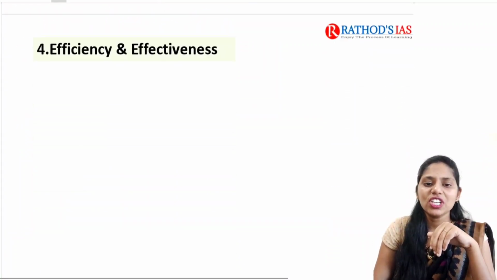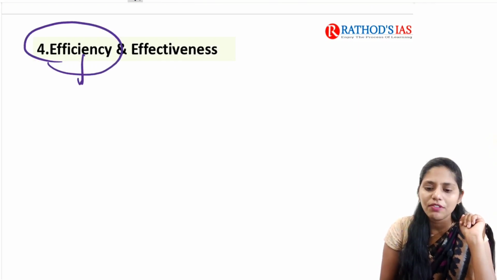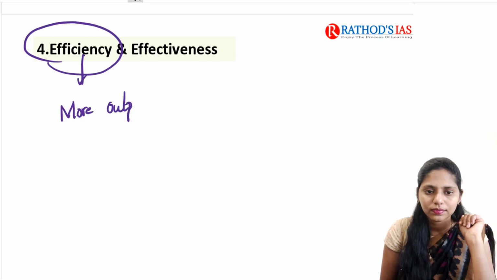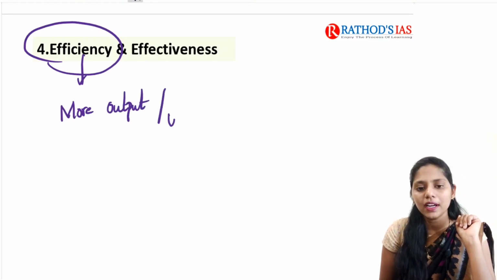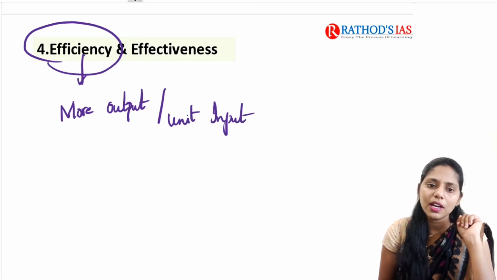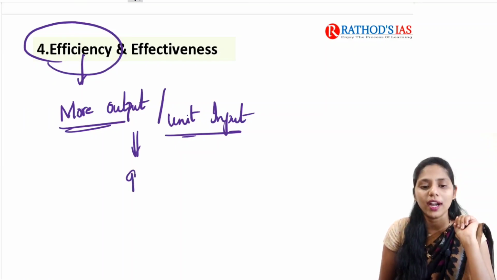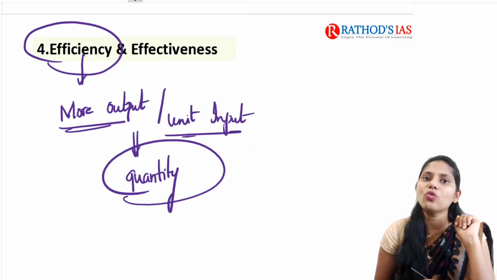And the next one is efficiency and effectiveness. What is the meaning of efficiency? Efficiency means more output per unit input. So here I am talking about quantity.